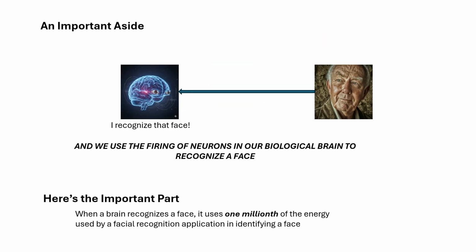Another aside is that our brains can recognize a face just like a neural network can, and we do that with the firing of the neurons in our biological brain. And here's the interesting and important fact: when a brain recognizes a face, that takes 1/1,000,000th of the energy, literally 1/1,000,000th of the energy that's used by a facial recognition application in identifying a face.